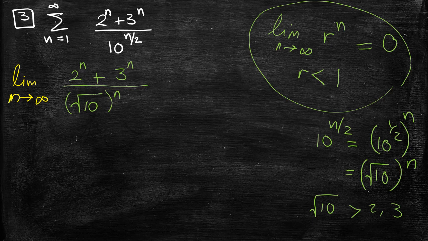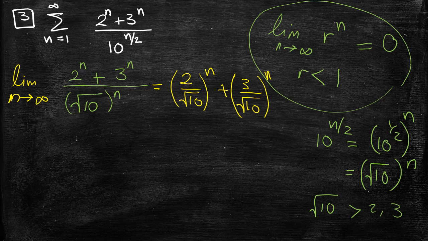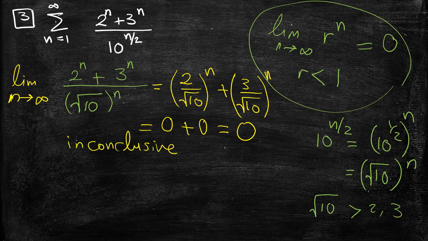So the greatest number in this case will be root 10, and we get 2 over square root of 10 all to the power n plus 3 over square root of 10 to the power n. And then we get surprised: this limit, since these fractions are less than 1, gives 0 plus 0. So this one will be 0, which means it's inconclusive, so I cannot conclude using the divergence test.